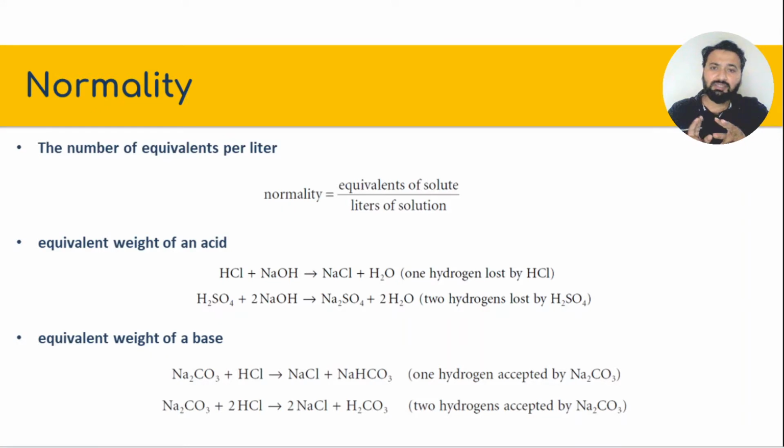In those cases where the equivalent weight is 2, 3 or 4, where the number of hydrogens is more than 1, it will be different from the molarity. As I said, it will be a multiple of the molarity. So normality can be the same as the molarity and also a multiple of molarity.